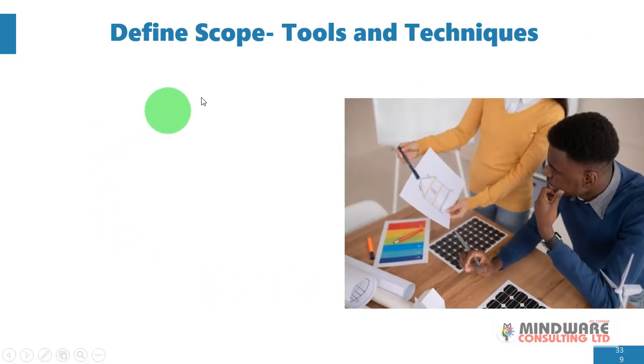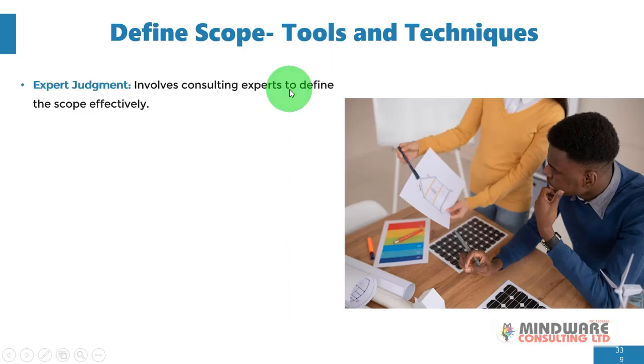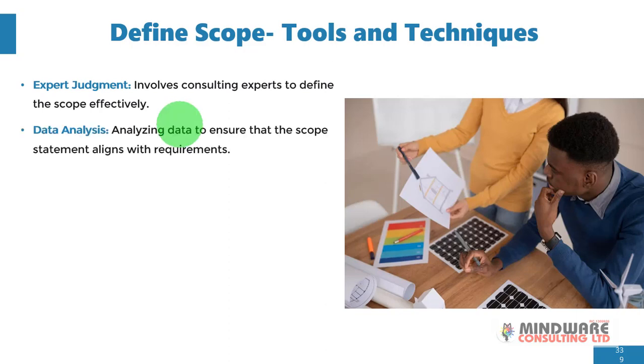Now, what are the tools and techniques that we use to define the scope of our project? Firstly, expert judgment, which involves consulting experts to define the scope effectively. So you have different subject matter experts who are going to look at the scope of a project and then define it from their perspectives.